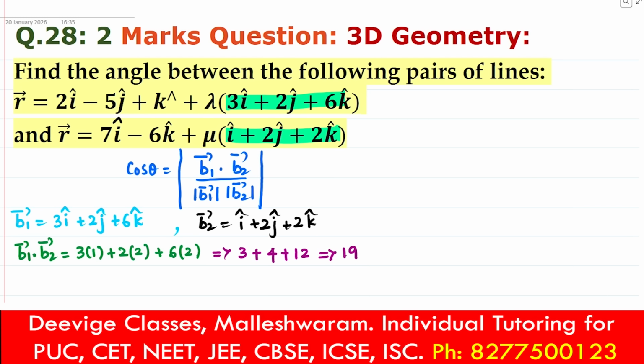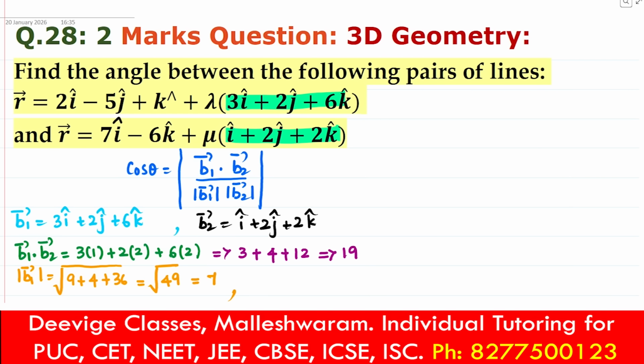Next, we have to find the magnitude of b1 and magnitude of b2. Magnitude of b1 is equal to square root of 3 square, that is 9, plus 2 square, that is 4, plus 6 square, that is 36. So 36 plus 4 plus 9 is equal to 49. Root 49 will be 7.